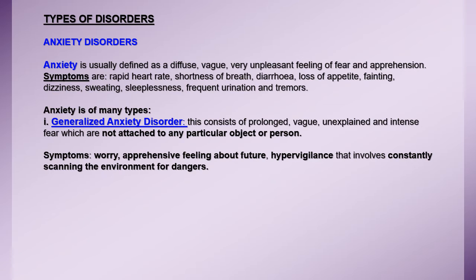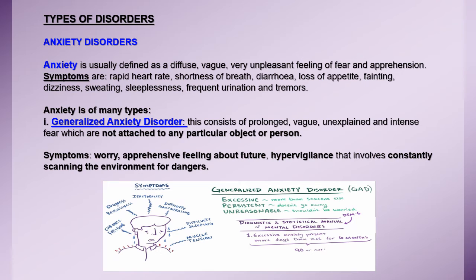It might happen. Why are you always thinking of something bad? The moment you think something bad, there is always an apprehensive feeling, and the lady becomes hypervigilant, isn't it? She's constantly scanning the environment for dangers. That is generalized anxiety.